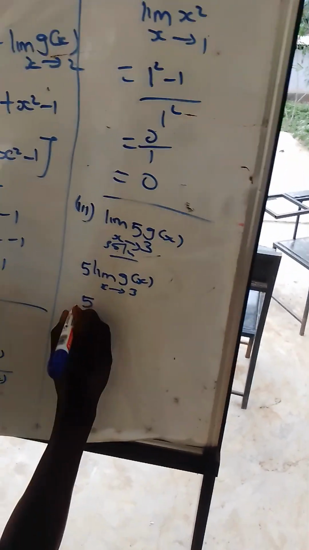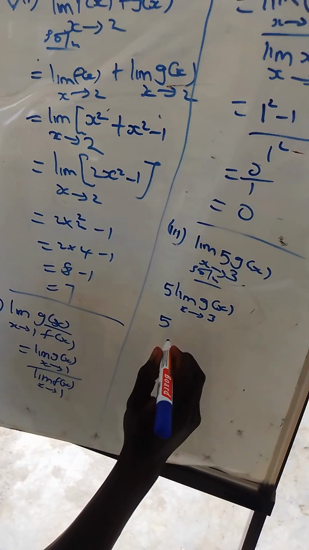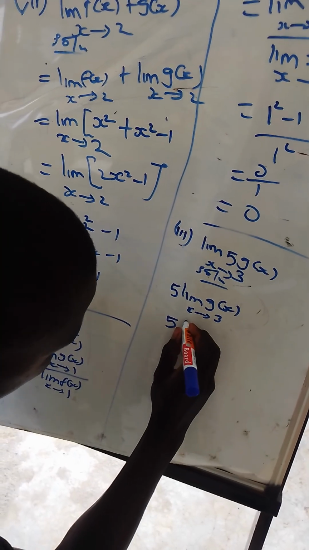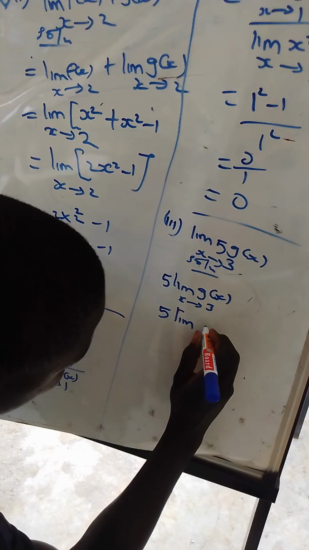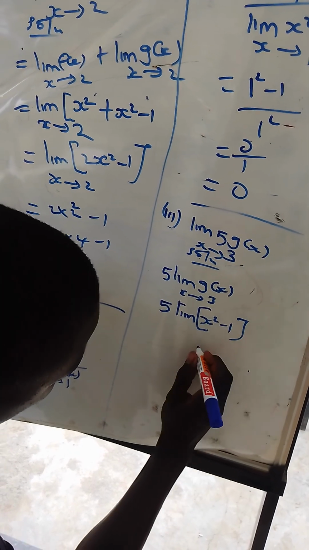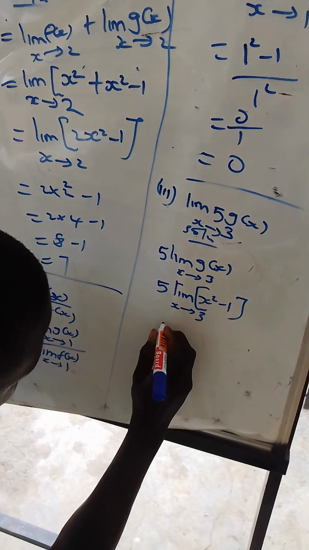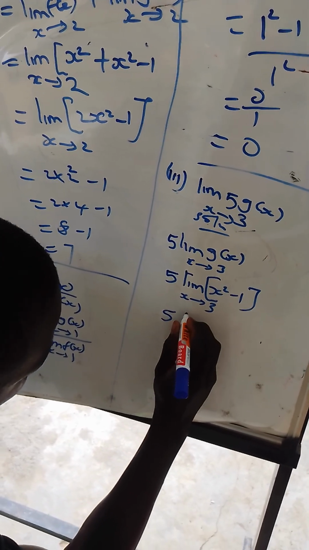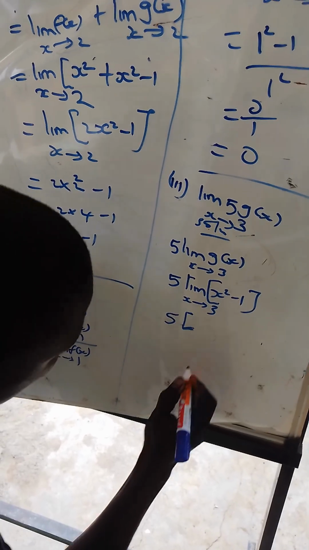This one is the same as 5, but our g over x from up there is the same as x squared minus 1. So we shall have 5 times our limit of the function x squared minus 1 for x tending into 3, which is the same as 5 into.